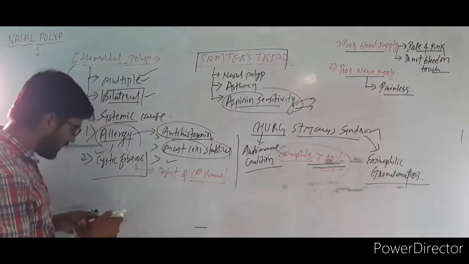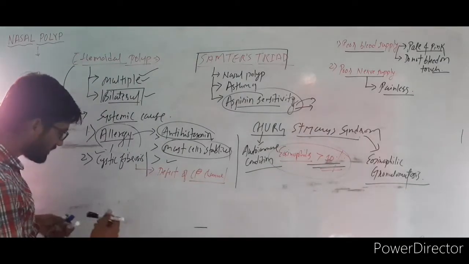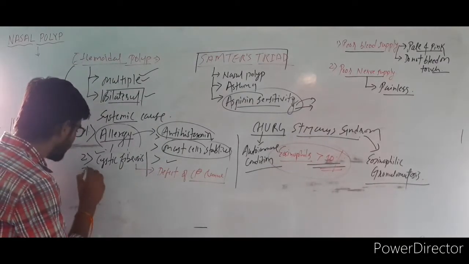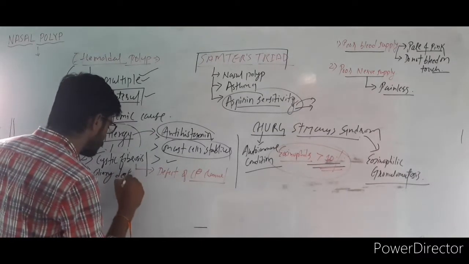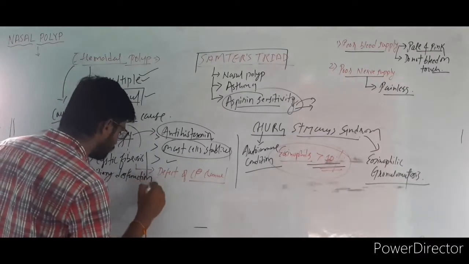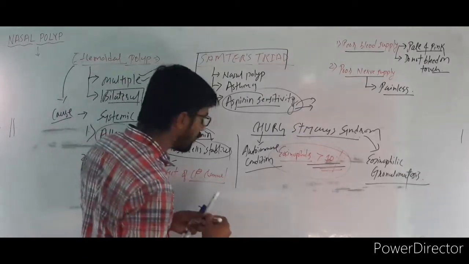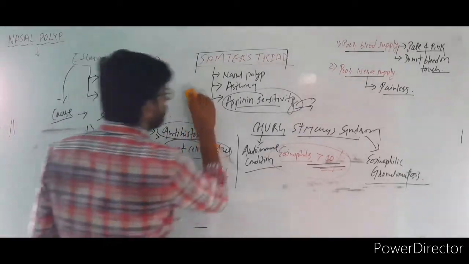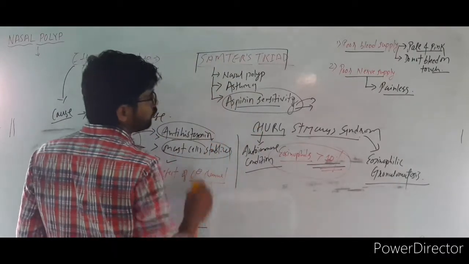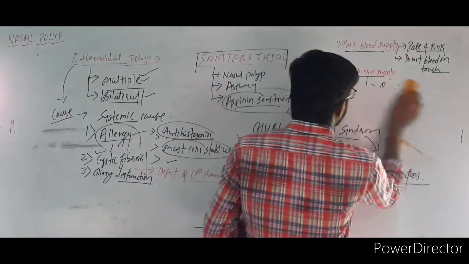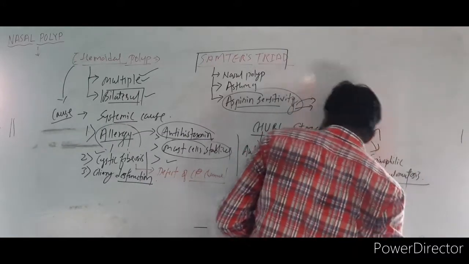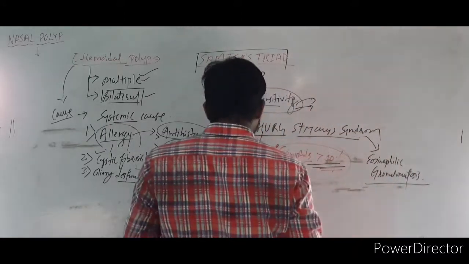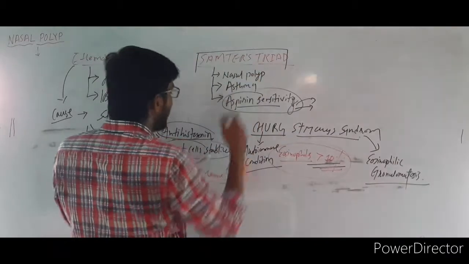Third thing I want to tell you is the ciliary dysfunction. In the ciliary dysfunction, what will happen? This central triad you have to remember. How will you remember it?